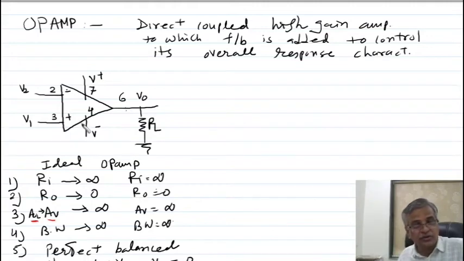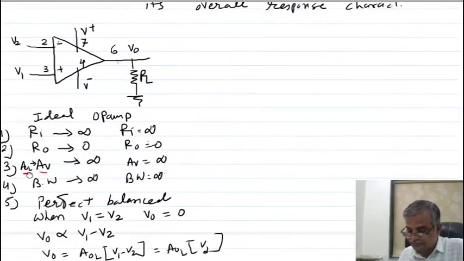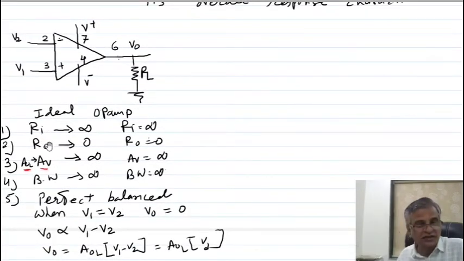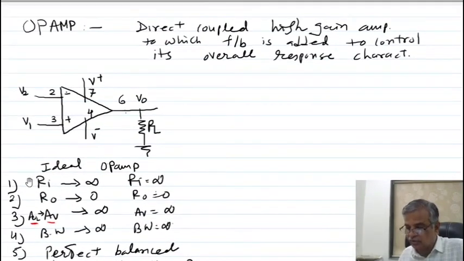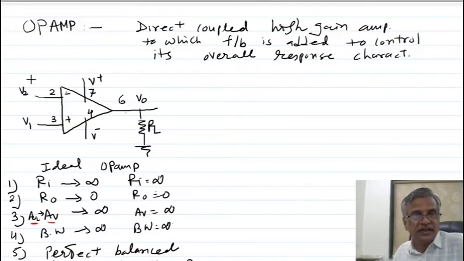I can control the input resistance of the op-amp, I can control the output resistance, I can adjust the gain of the circuit, and you can adjust the bandwidth. So, due to feedback you can control its overall response characteristics. If I give feedback from output to the input, then you can control its characteristics.